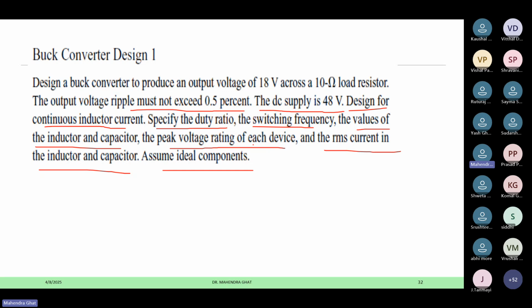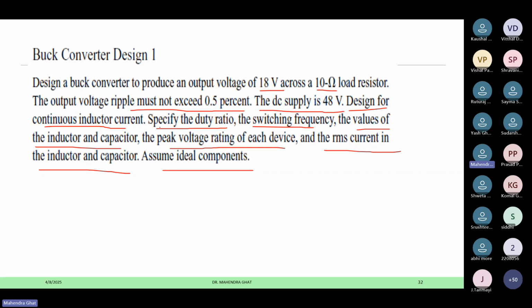So whatever I was saying, here my requirement is clearly given. I have the 18 volt output voltage requirement and my load is 10 ohm, and I want the output voltage with 0.5% ripple. Input voltage is 48 volt. So from 48 volt, I have to get 18 volt with 0.5% voltage ripple, and for that I have to design for continuous conduction.